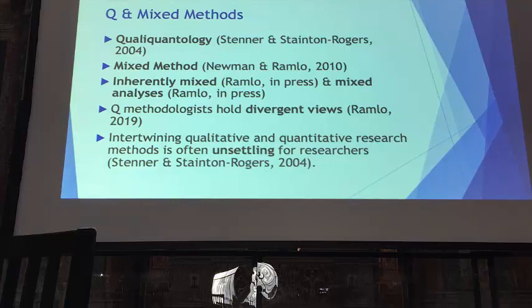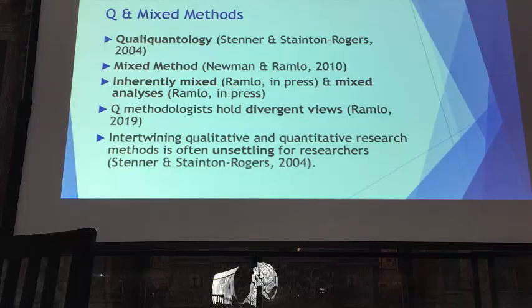I now have 2 different book chapters in process. One is addressing Q as inherently mixed, in that it's hard to draw a distinction between what parts are quantitative and which parts are qualitative. Some here might say, well, factor analysis is always quantitative. But is it really? Even in our methodology, there are qualitative aspects.